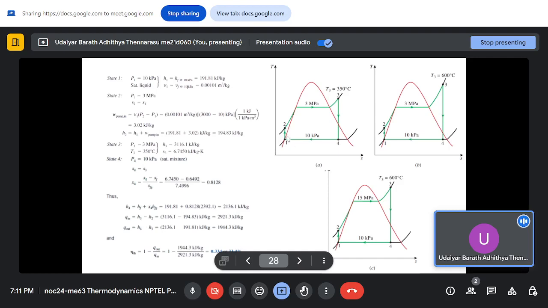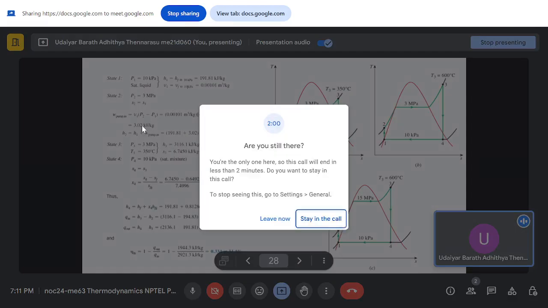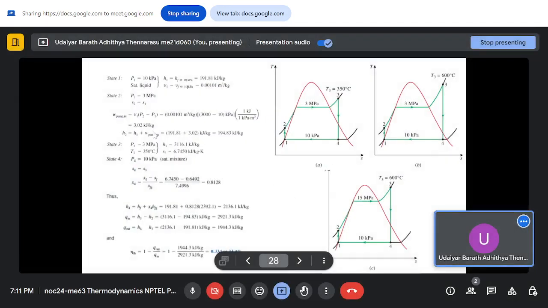This being an isentropic process, S1 equals S2. Then we can find out the pump work as specific volume into P2 minus P1. This gives me your work done in pump as 3.02 kilojoule per kg. So H2 is nothing but H1 plus your pump work, which will come out to be 194.83 kilojoule per kg.